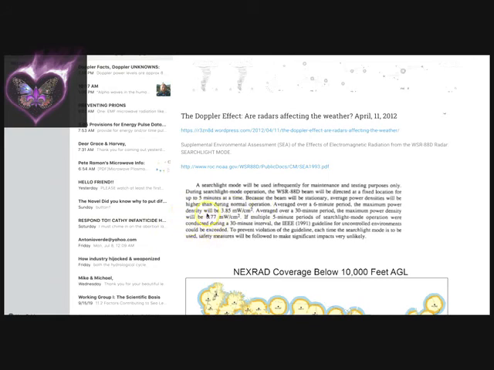Average over a 6-minute period, the maximum power density, and so on. To prevent violation of the guideline, if multiple 5-minute periods of searchlight mode operation were conducted during a 30-minute interval, the IEEE 1991 guideline for uncontrolled environments could be exceeded.